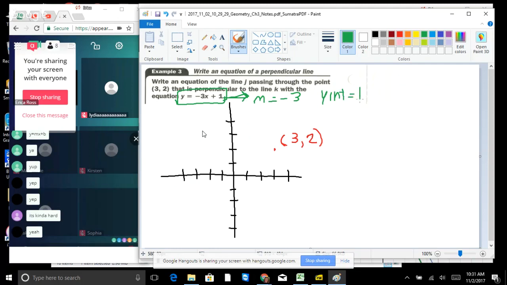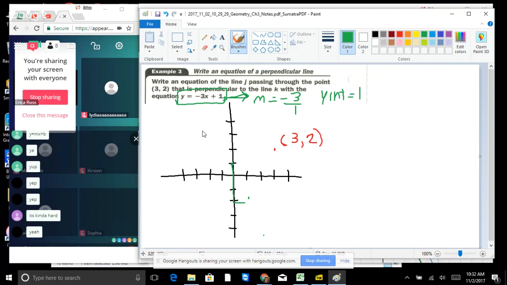So it intercepts the y-axis at 1 right here. And our slope is negative 3 or negative 3 over 1, right? So that means I rise negative 3, run positive 1. So there's a point right here.